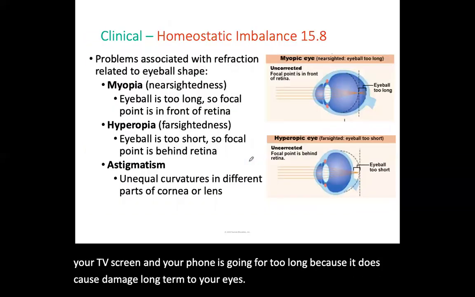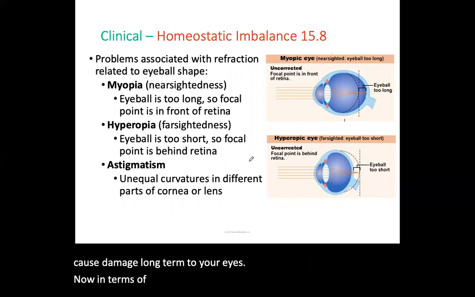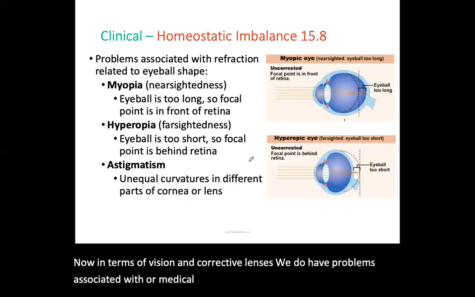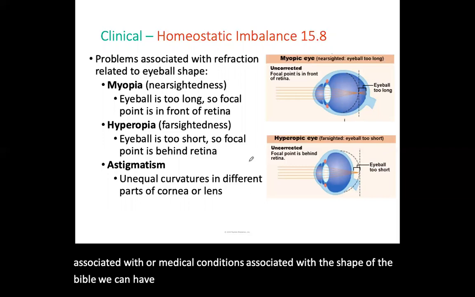Now, in terms of vision and corrective lenses, we do have medical conditions associated with the shape of the eyeball. We can have what we identify as myopia, which is nearsightedness.